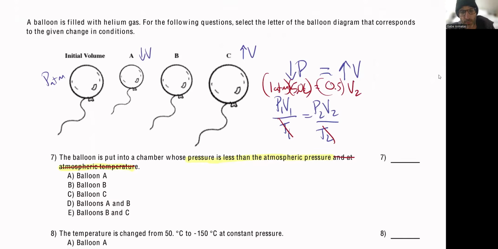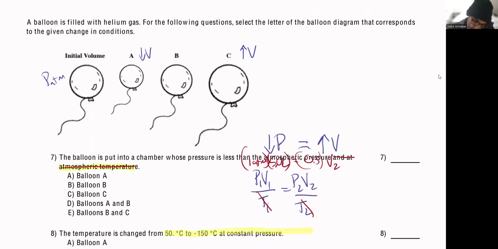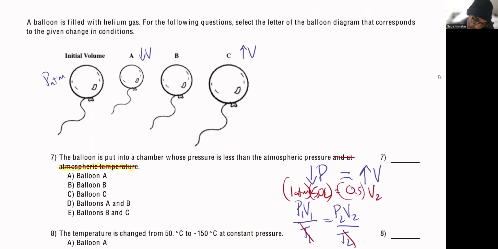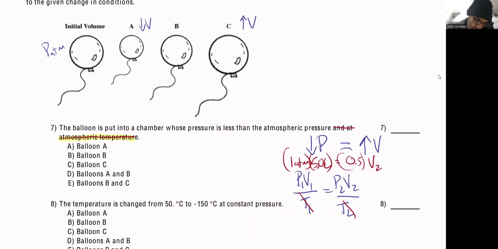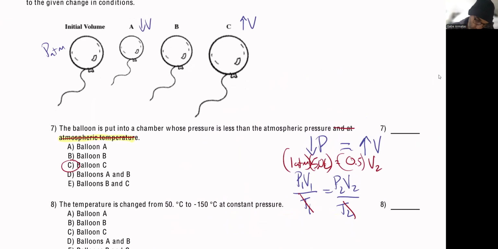So you can just plug numbers in if you want to, but I do know that if I decrease pressure, volume is expected to increase. So in fact, I should just move all this down here. All right. So I do know that if I'm decreasing pressure, I'm expecting volume to increase. The one that has an increased volume seems to be balloon C. So we're going to say balloon C in that case.